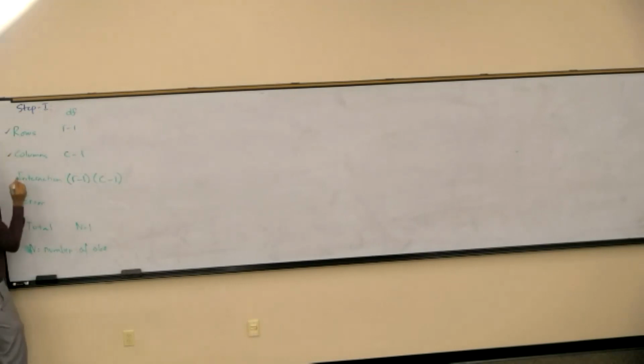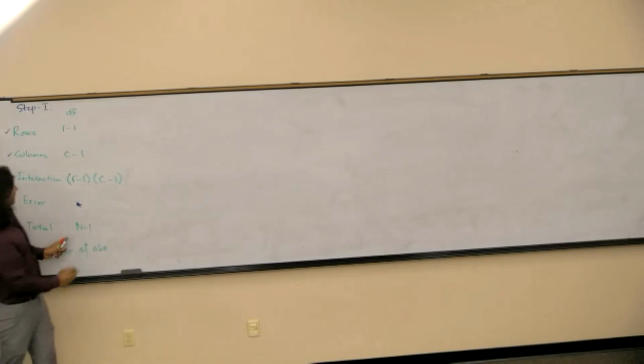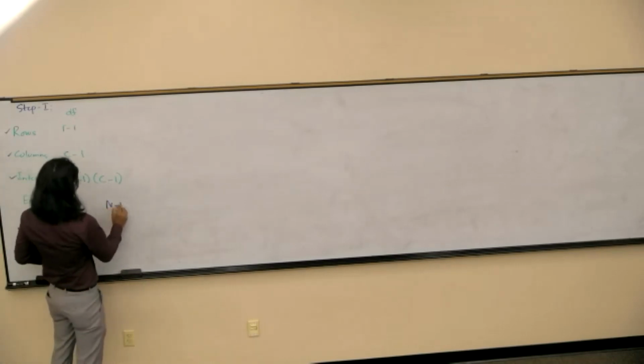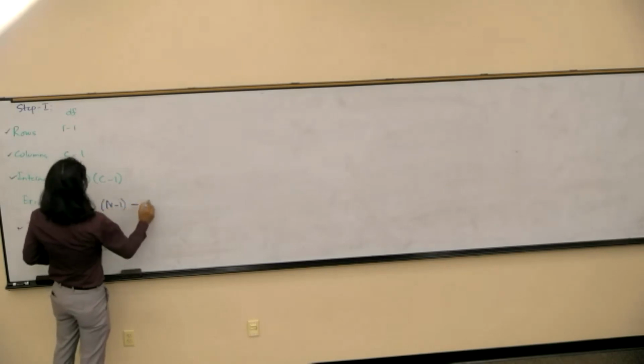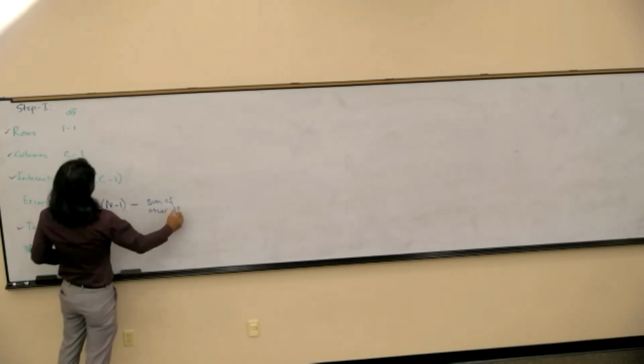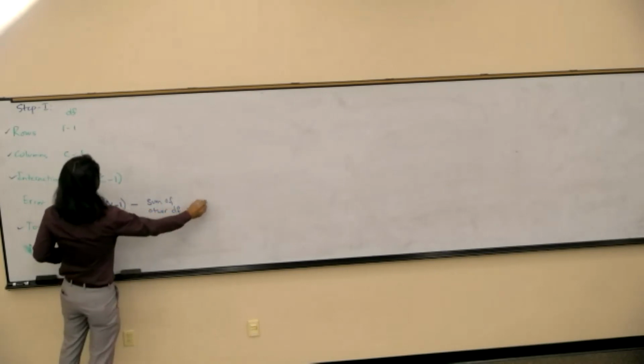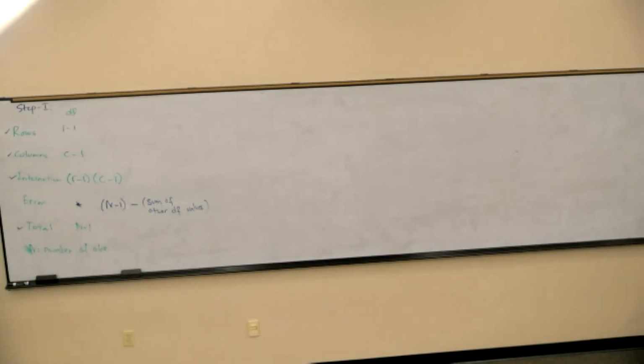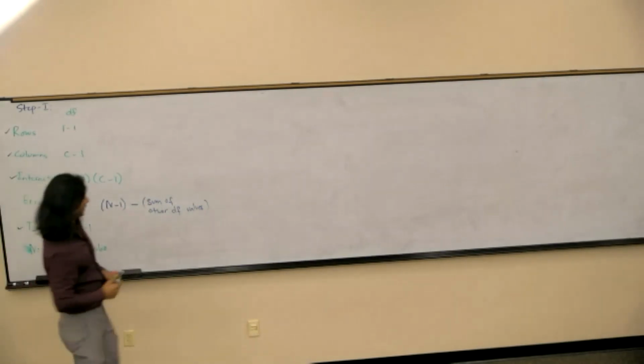Row factor DF, column factor DF, interaction DF. They have formulas. Once you find those 3, you subtract them from the total. You will get that number. So this is simply n minus 1 minus the sum of other DF values.